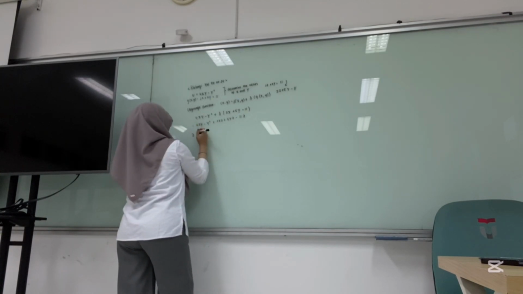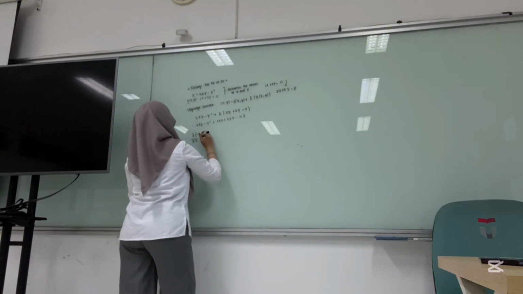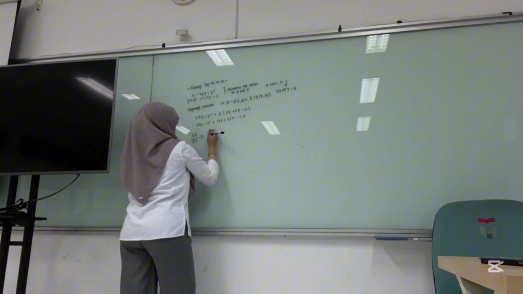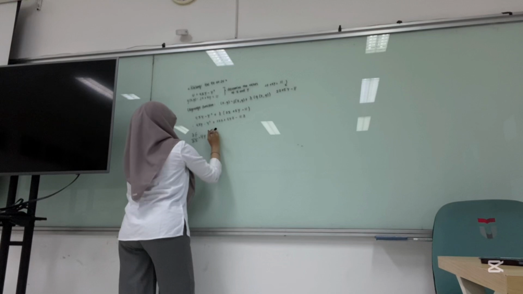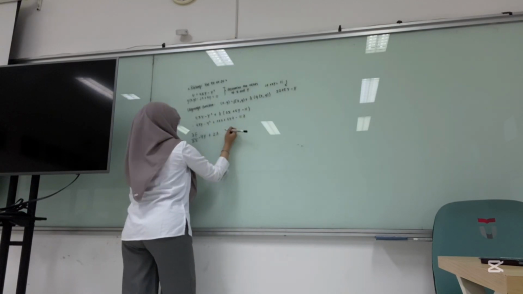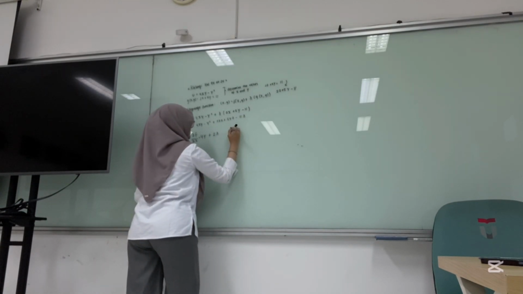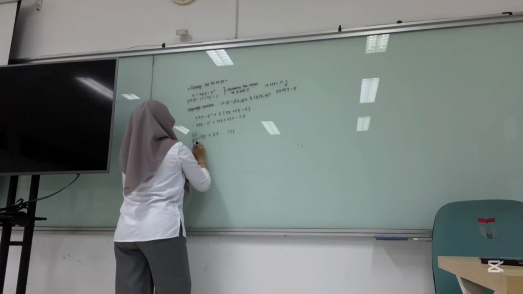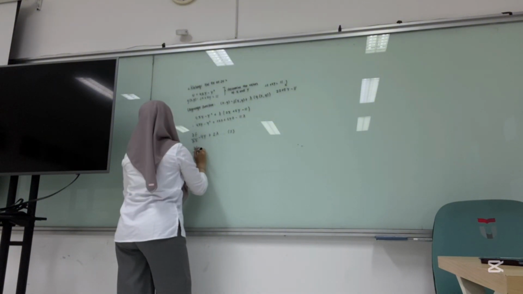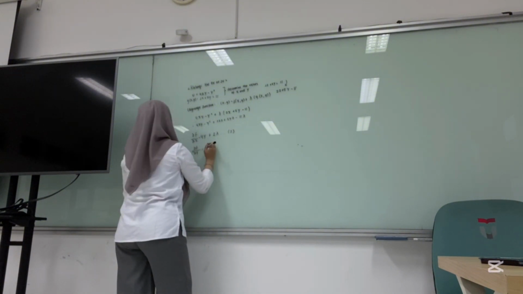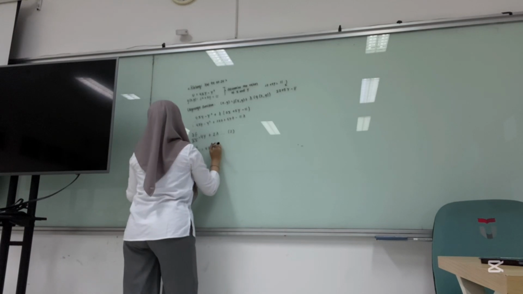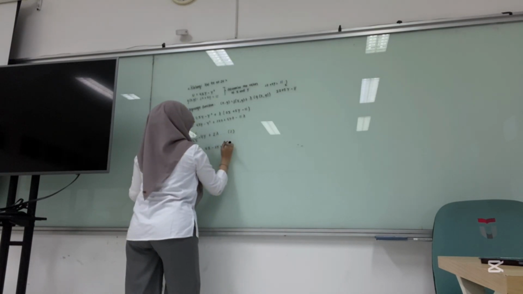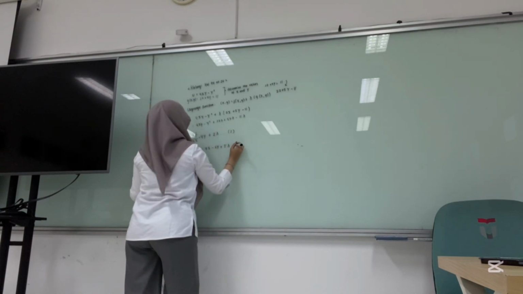For f of x, it is 4y plus 2 lambda. You can put it as equation 1. The next one is for f of y, which is 4x minus 2y plus 5 lambda, and this is equation 2.